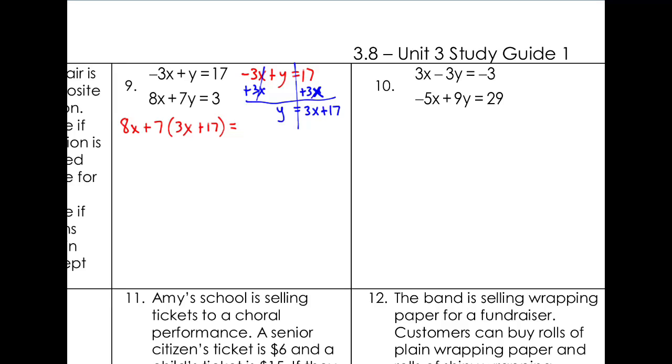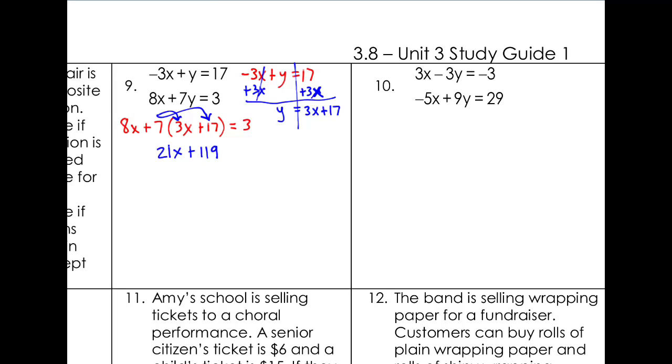And parentheses mean multiplication. So what we're going to do next is distribute this in. 7 times 3 is going to be 21. Have to bring our variables. So it's 21x. And then a 7 times 17 is plus 119.